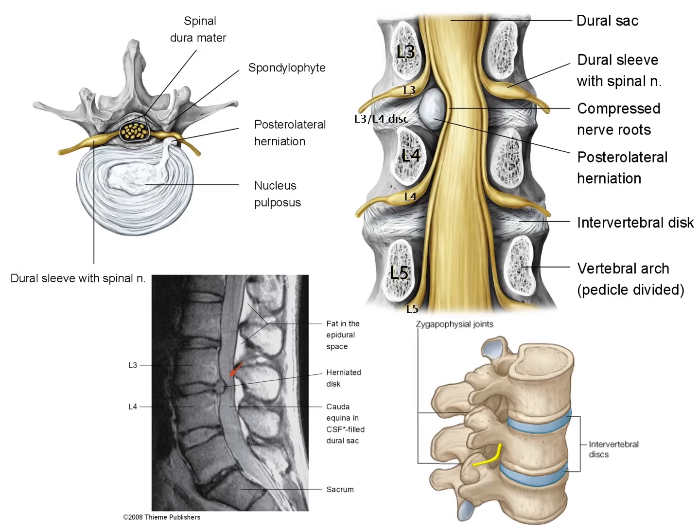Let's take a closer look at disc herniation. It's worth pointing out that the nucleus pulposus is not positioned in the center of the intervertebral disc. It's actually positioned more posteriorly because the lamellae of the annulus fibrosus are thinner posteriorly than they are anteriorly.